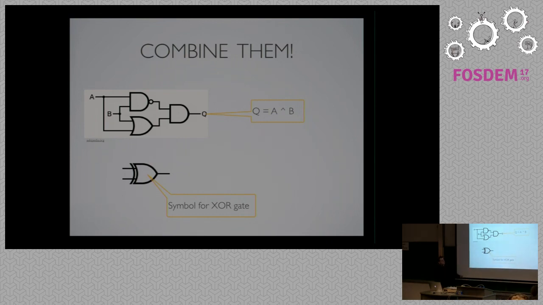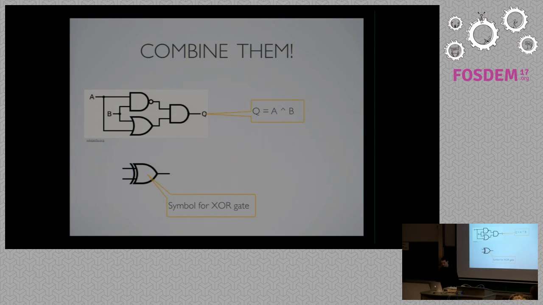So here, if not both inputs are 0 and not both inputs are 1, the output is 1. This is the usual symbol for XOR.